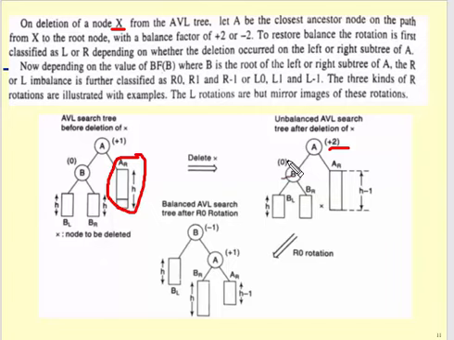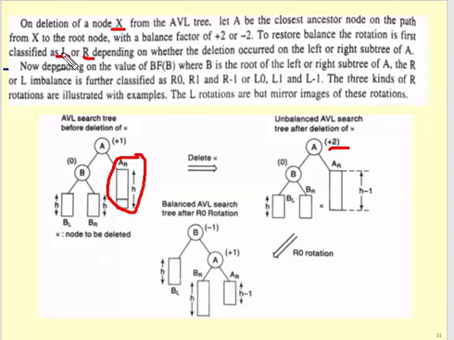So what is the thing that I'm telling you? First, whenever you are deleting a node, you need to check whether you are deleting from the right side or the left side of this subtree A. If you are deleting from the right subtree, then it is called R, otherwise it is called L. Deletion is called R or L rotation.